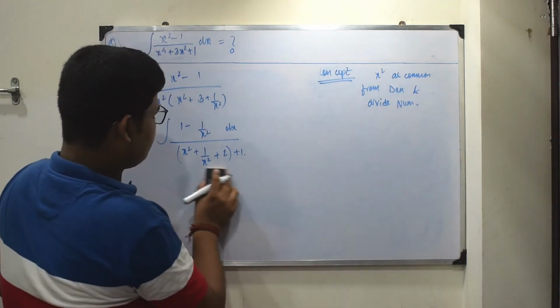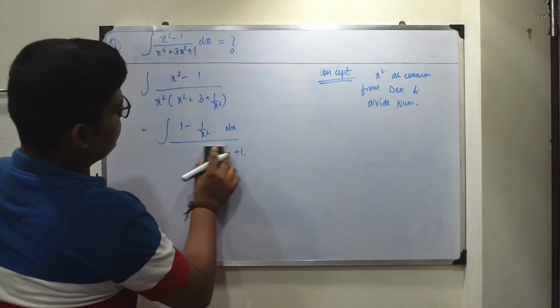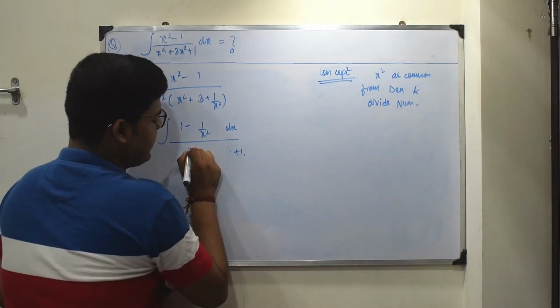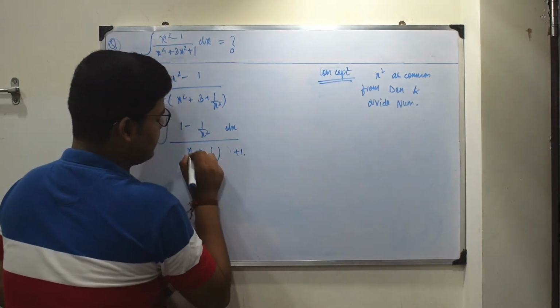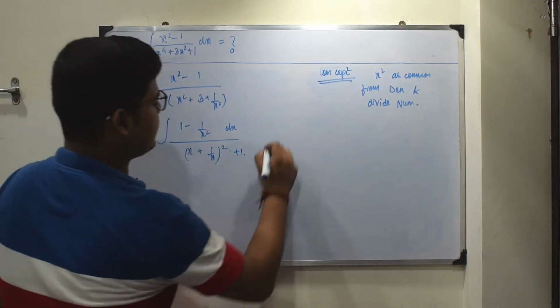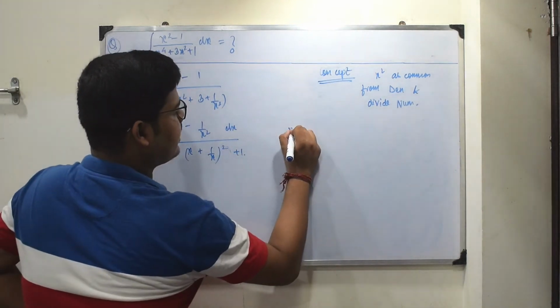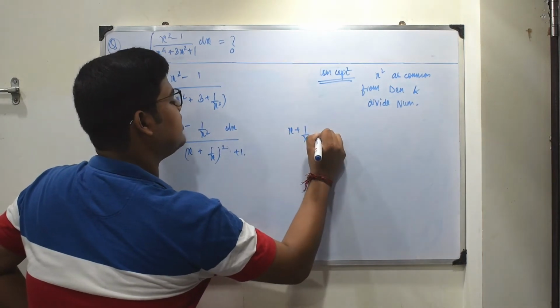So I am rewriting this as x plus 1 upon x whole square. Now just take x plus 1 upon x as some t.